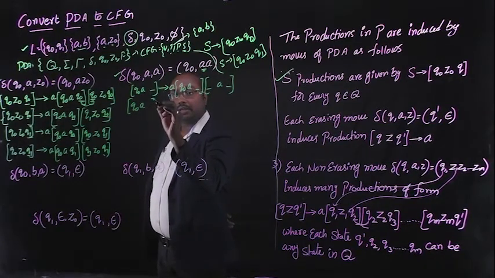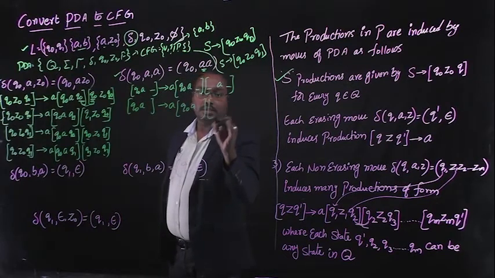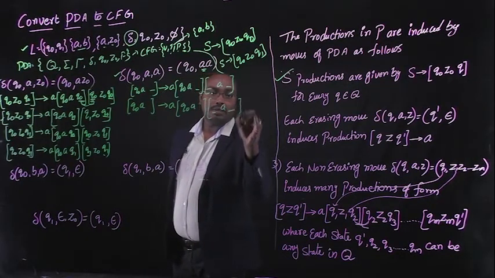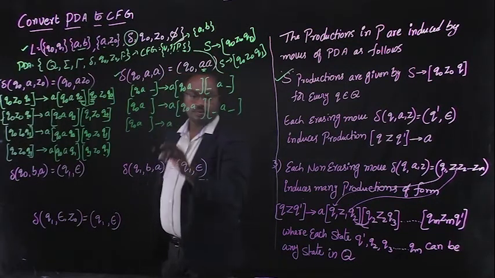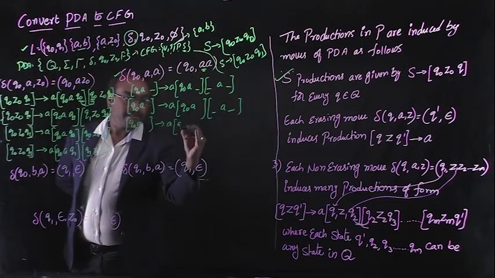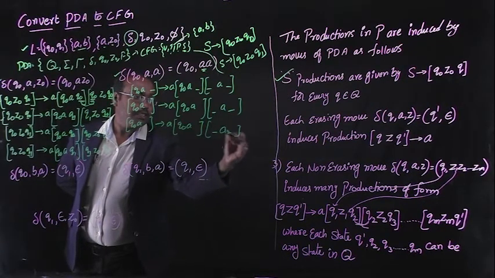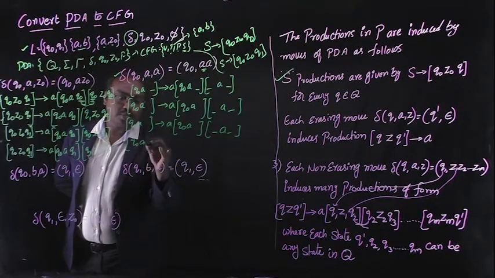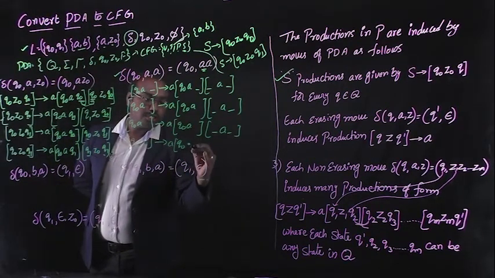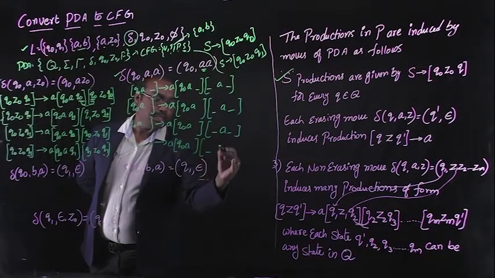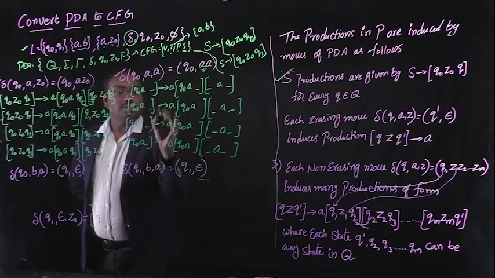q naught A tends to input symbol A, q naught A, and stack symbol A. These are the stack symbols. So we can fill these empty places with the states.